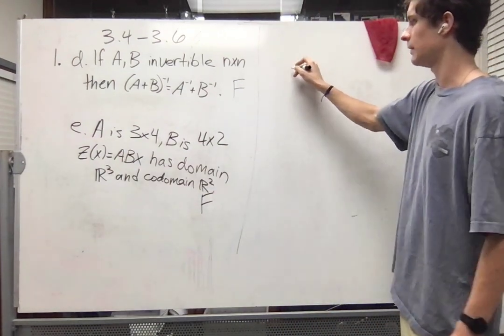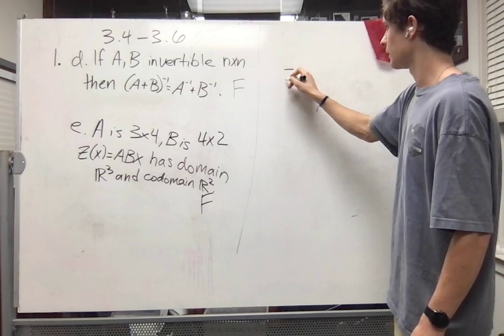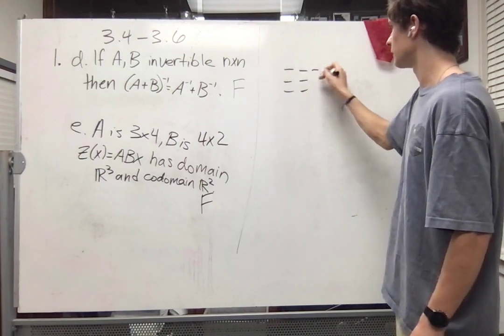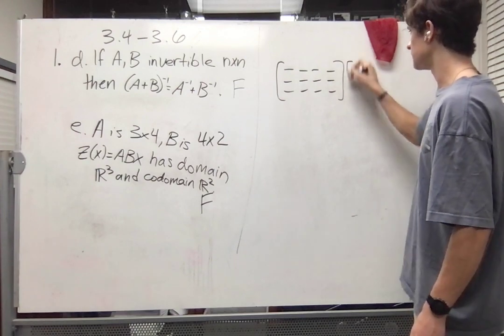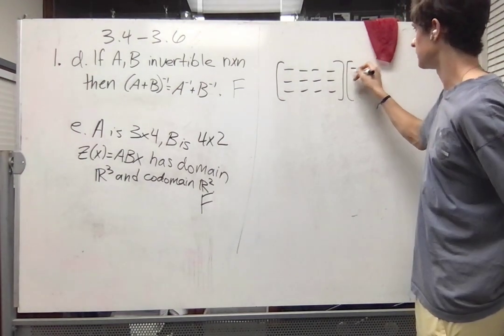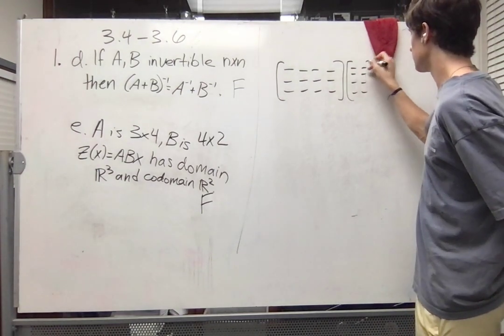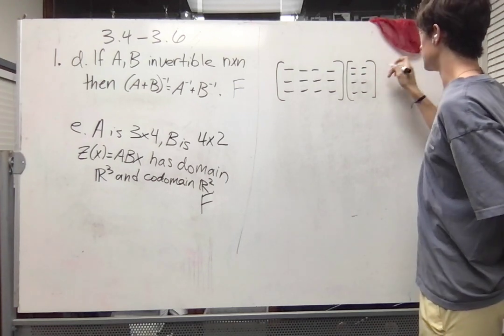A, once again, is 3 by 4. So this is A. This is B. B has to be 4 by 2. And then x has to be some vector.